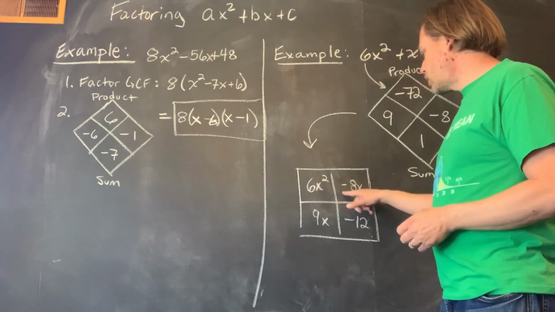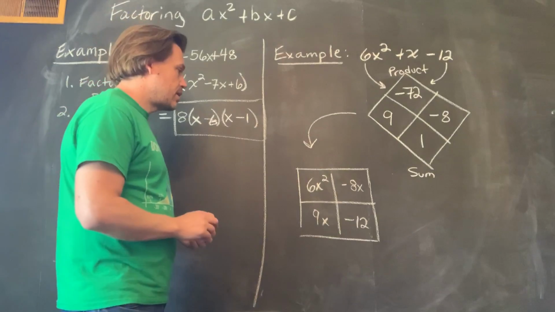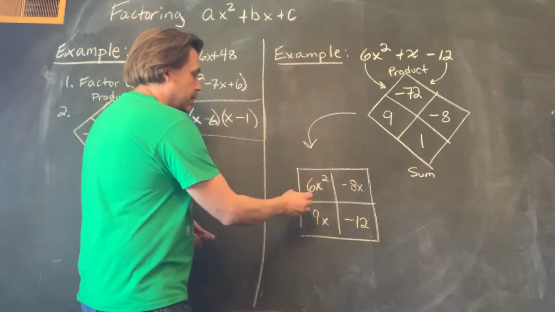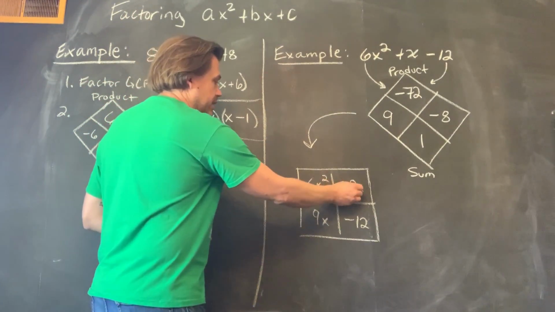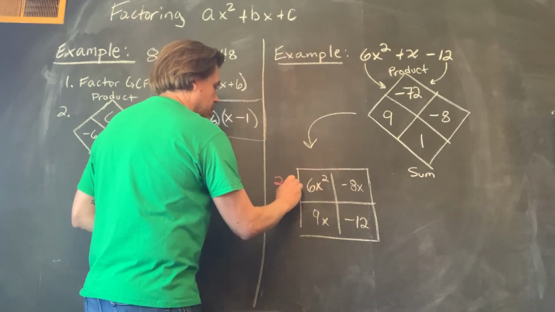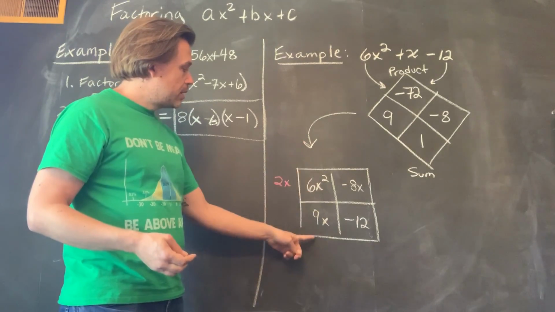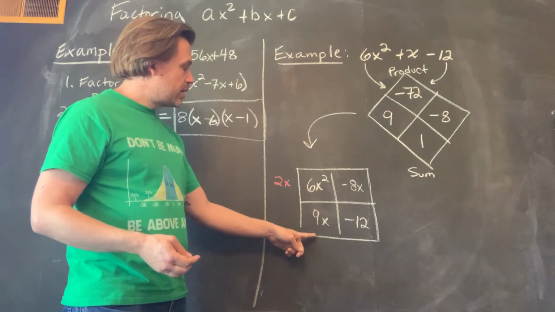So 6x squared minus 8x, look for the greatest common factor there, the GCF. Well, they're both divisible by 2, and they're both divisible by x. So I'm going to put a 2x. And if you go this column, those are both divisible by 3 and x.